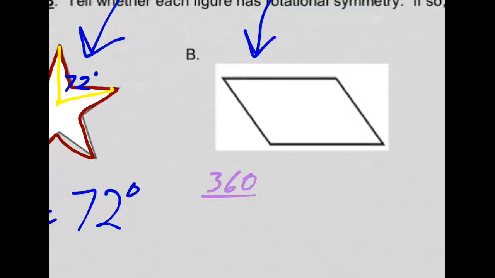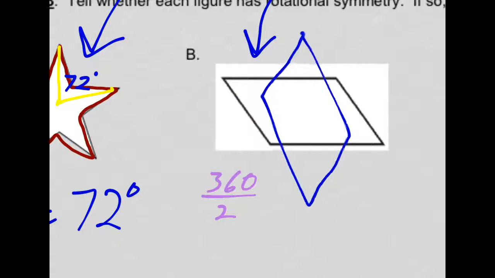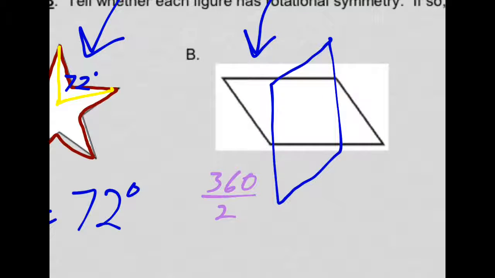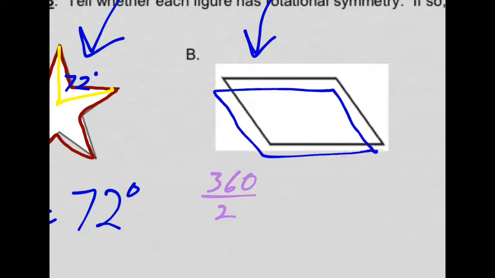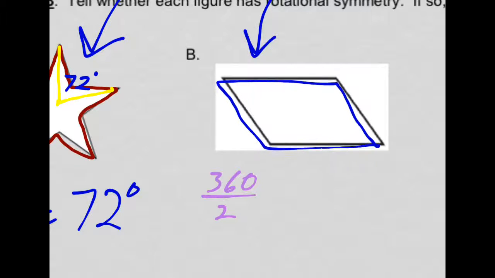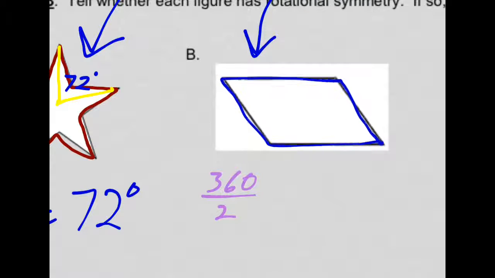He saw that there were 4 spikes, but he said, I think if I rotated this guy, I don't think it's going to match up. So that would be our 90 degrees. Obviously that does not work. That is 180. And if I actually rotated it around the right thing, it would completely match up.